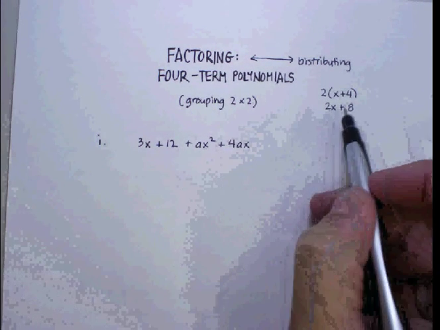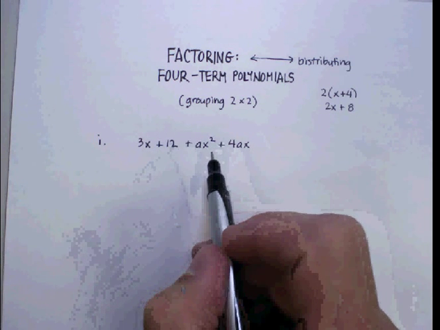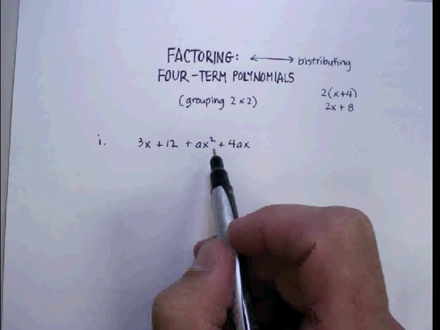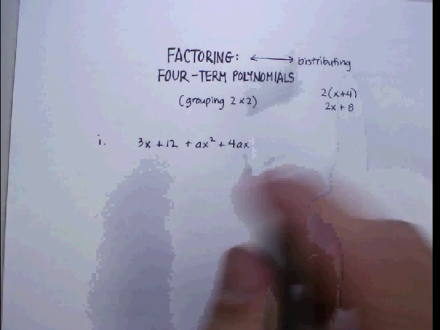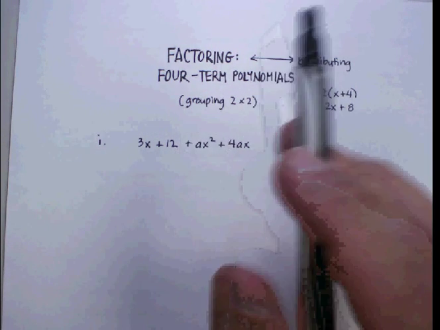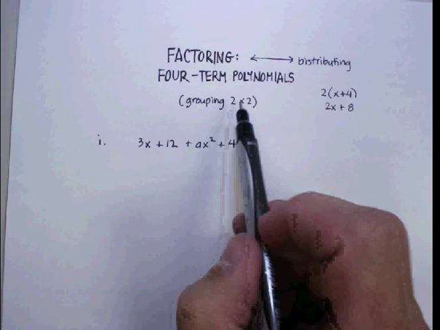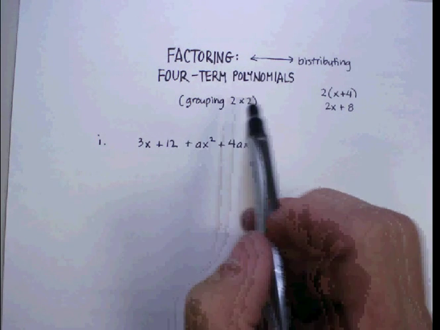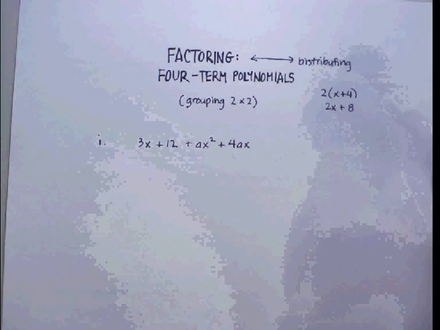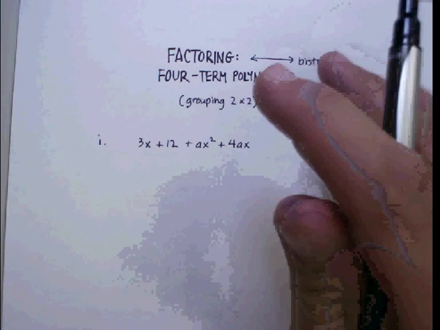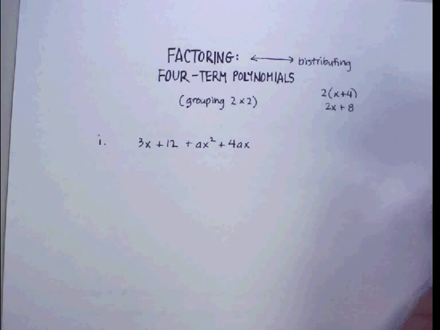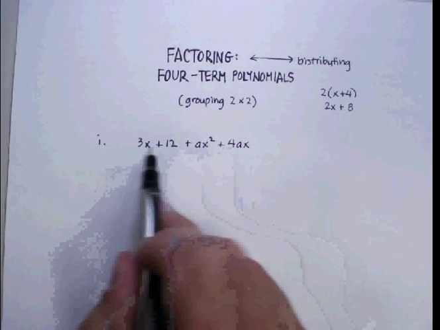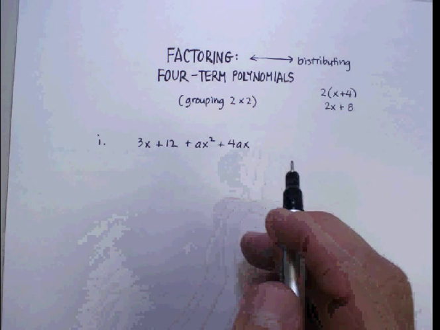So here's my polynomial down here. It's 4 terms. And what I want to do is get it to a form that's all multiplied. Okay? And I'm going to do it by a technique called grouping 2 by 2. And 2 by 2 means I'm getting 2 binomials. So here's my 4-term polynomial.